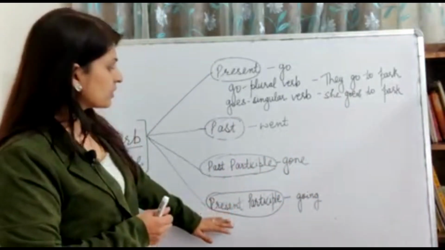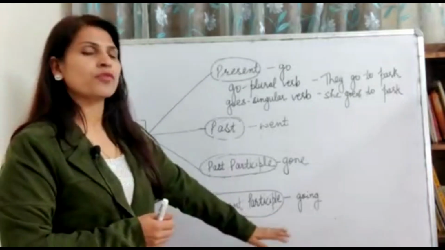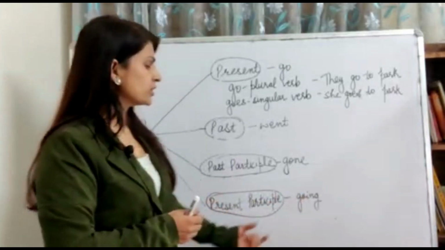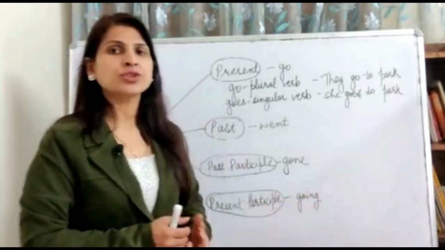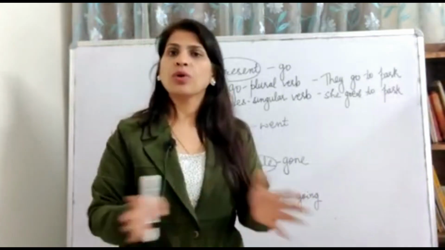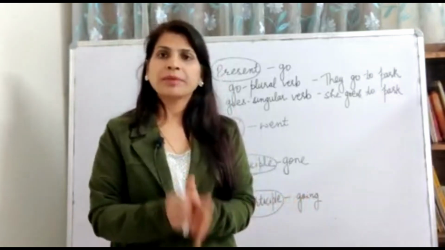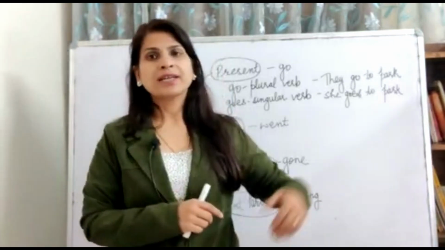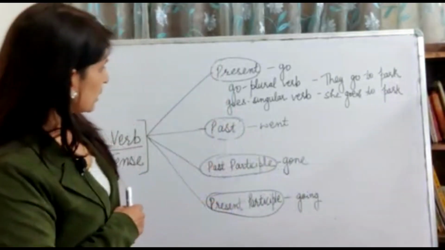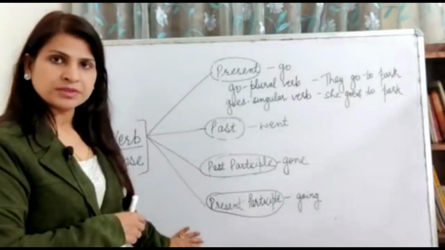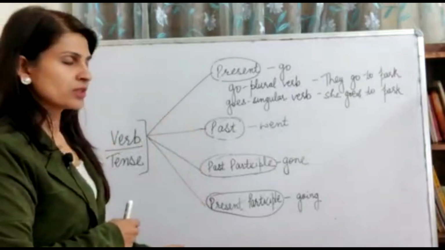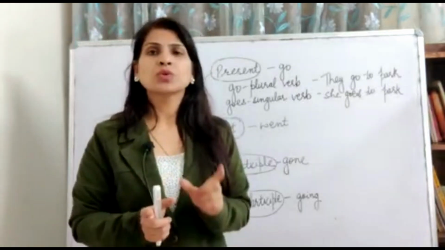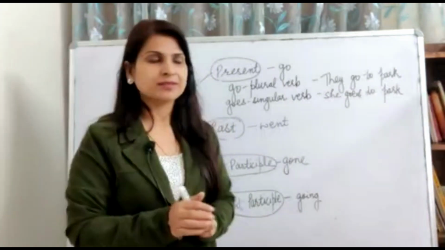Then we have the present participle form of verb. This is the form of verb that uses ing with it, and it shows the actions which are going on, whether they are going on in present or in the past or they will be going on in future, that we will learn later. Now these are the forms of verbs, and these forms of verbs also use some helping verbs to form the tense of the sentence.